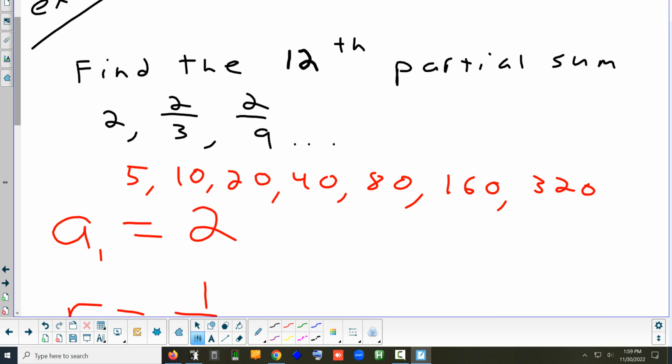What's happening here to my numbers each time? Yeah, it's doubling. If the numbers are getting bigger and bigger and bigger, you can't add them all up. The answer would just get bigger and bigger and bigger and bigger. This formula only works when the numbers get smaller.